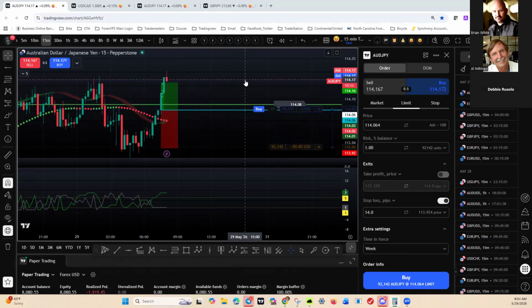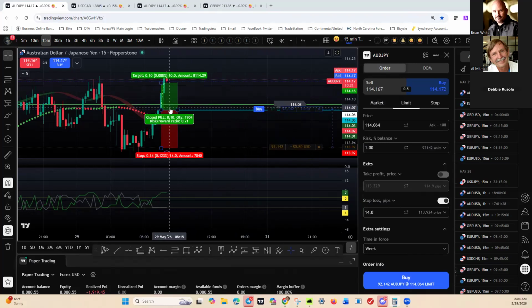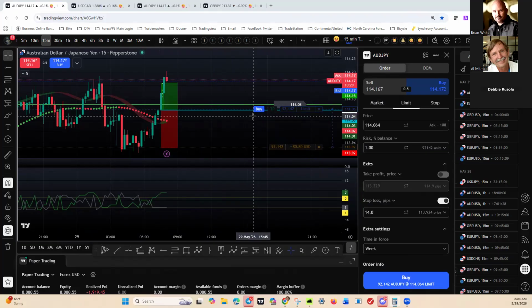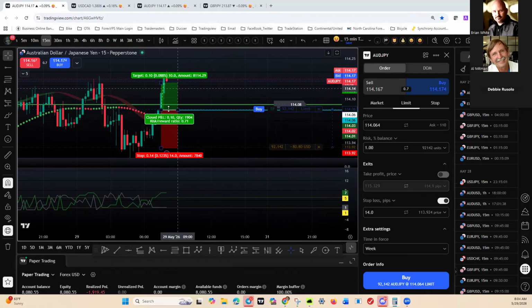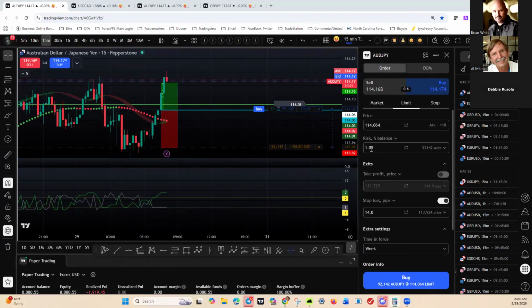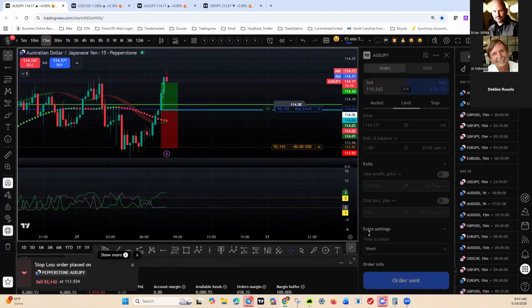So when you set the trade, I'm just going to set up the trade just so you can see what I'd be looking at. So let's say I have a buy limit here. Let's say if it comes all the way back, I'm going to buy if everything looks good. So I'm going to do a buy limit, 1% risk, 92,000 units, 14 pip, and I'm looking at buy.